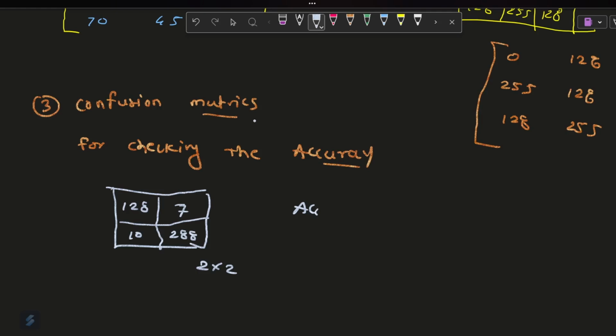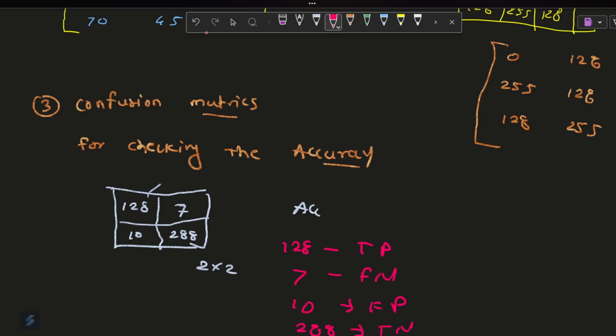Basically, before the accuracy formula, understand the terms. 188 is the true positive. 7 is a false negative. 10 represents the false positive, and 288 is the true negative.